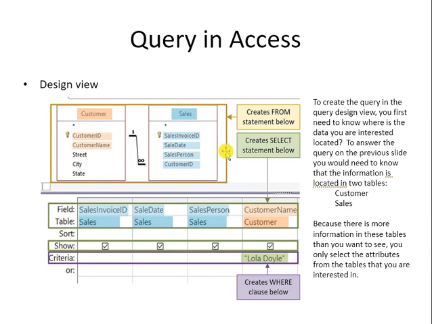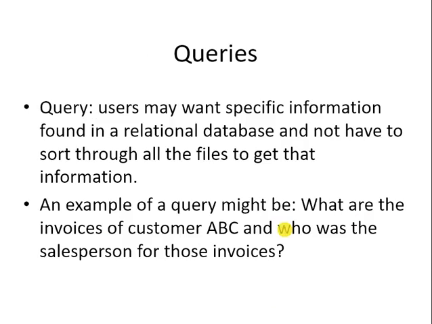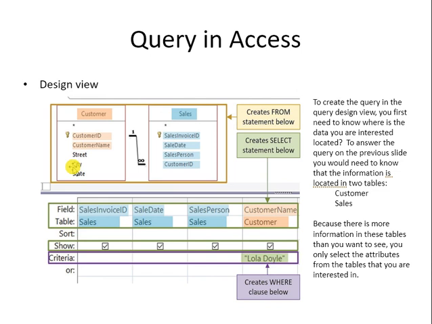For example, I'm going to find out the invoices of customer ABC and who the salesperson is. I need invoice, customer information, and salesperson information, so these tables will be selected. And what are the specific attributes I want? I'm going to select sales invoice, sales date, salesperson, and for customer ABC, here, Lola Dolly, for a specific person.